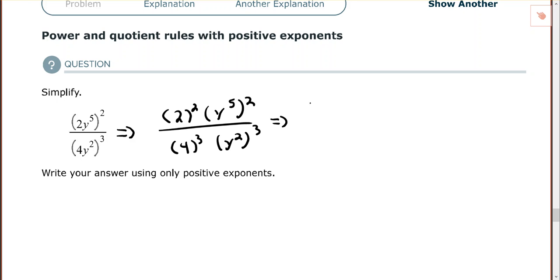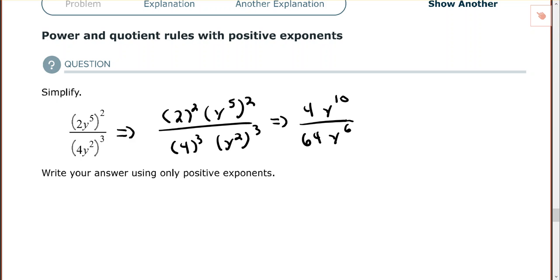So 2 squared is 4. Y to the fifth raised to the second is y to the 10th. 4 to the third. Y to the second raised to the third. And then after I take care of my exponents outside the parentheses, now I want to see if I can simplify the fraction.